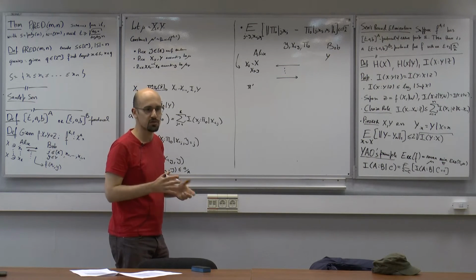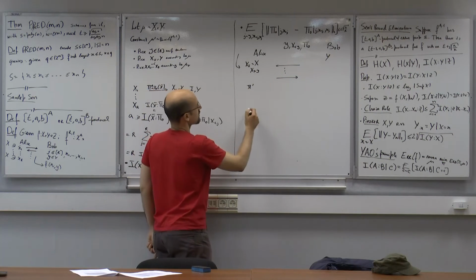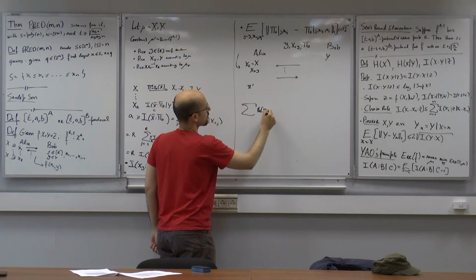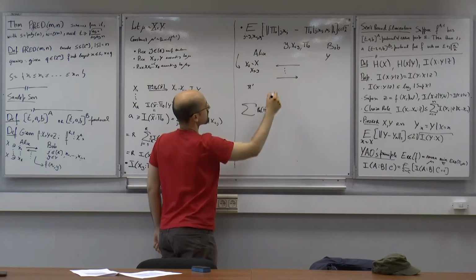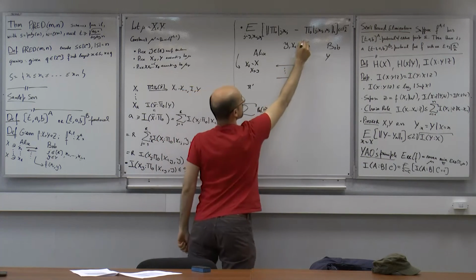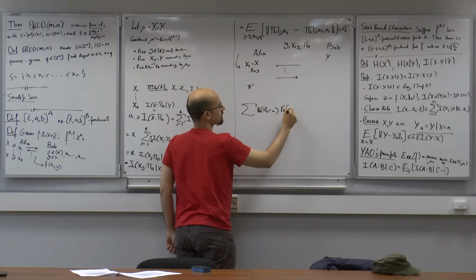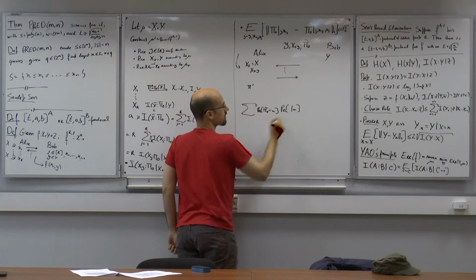I can tell you the only trick to solve the sum. The success probability is going to be some sum over the probability that your pi 0 tilde message equals some message, times some probability of success conditioned on this message, right?